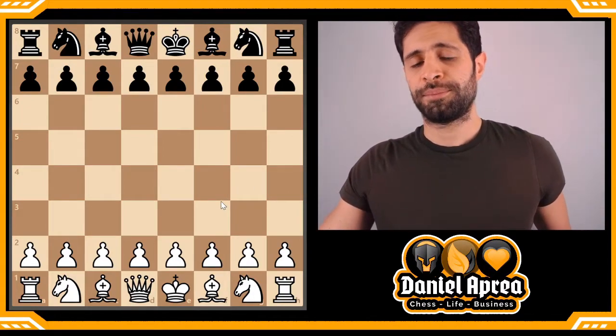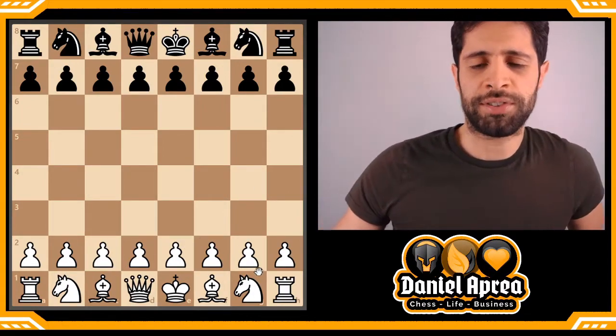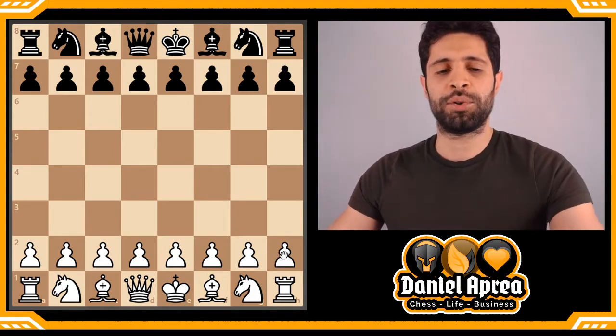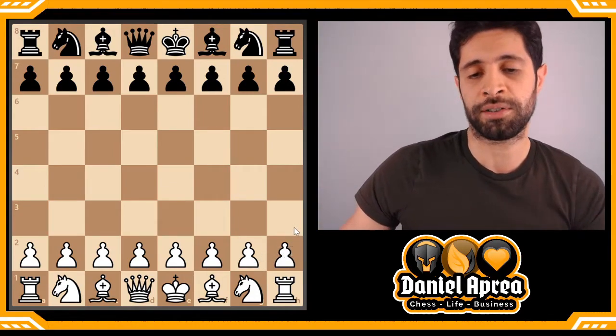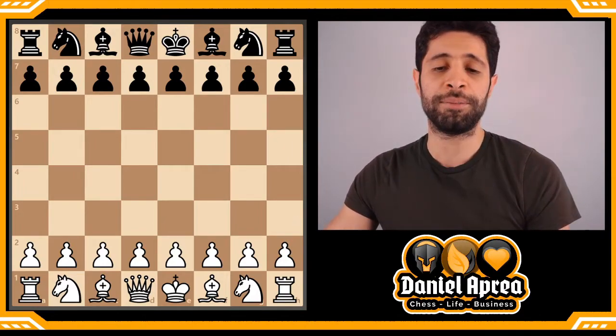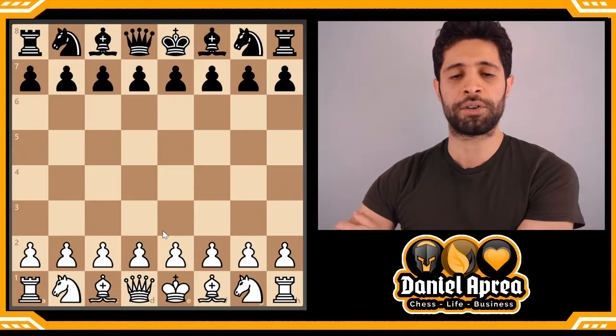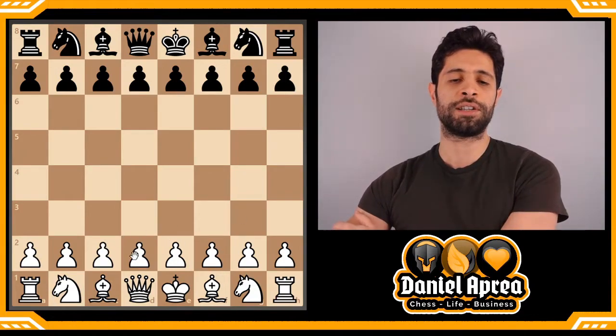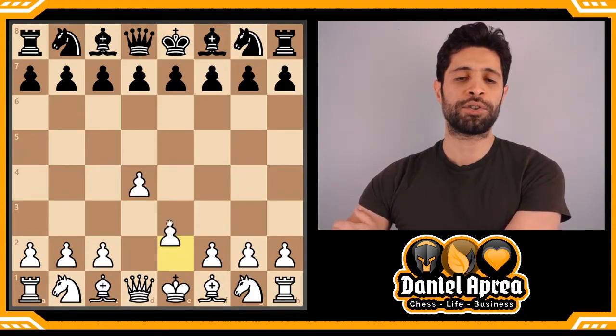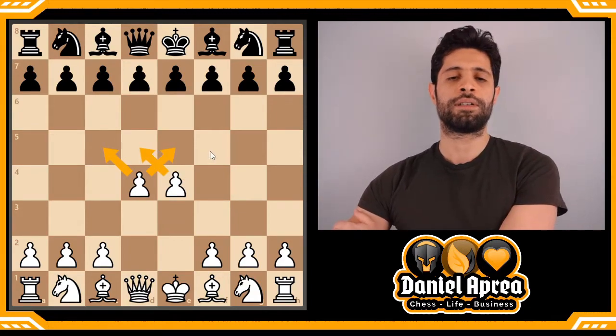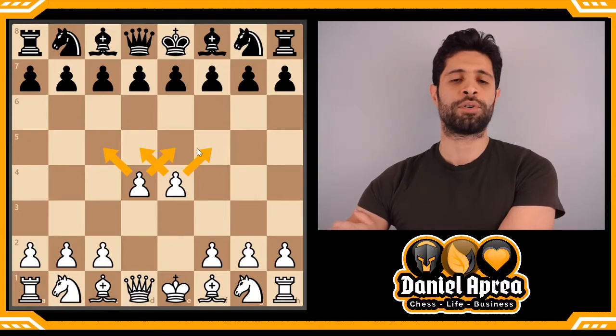And now, the pawns, as we said, they're considered units of value 1 because it's just a standard unit of value. As you can see, though, some pawns are more important than others. For example, the pawns that are here, they're closer to the center, so they can control central squares that are important.